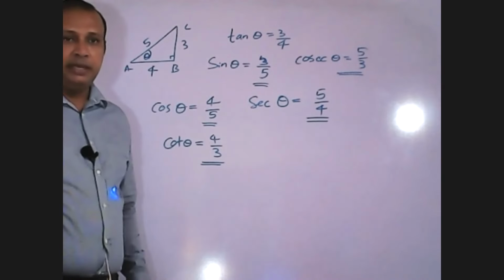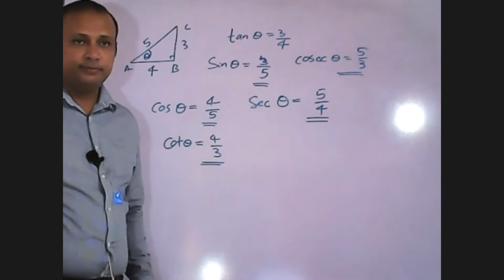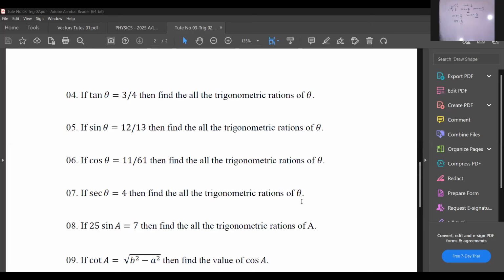Then again, something similar to the fourth question. In this case, we are given the sin theta value. So draw a triangle. Mark an angle theta. ABC.